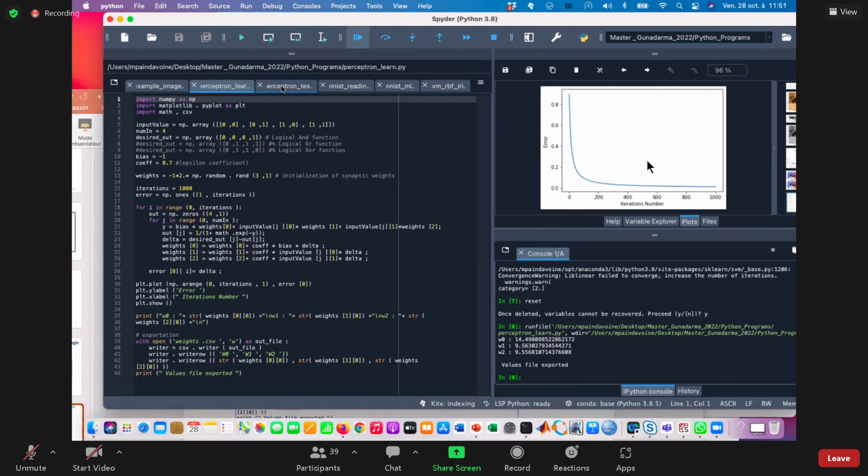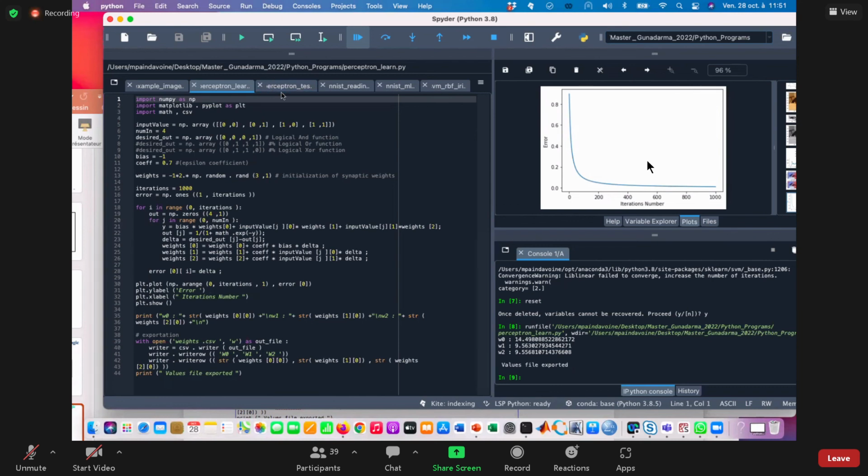So now I can test this one. Because at the end, all these coefficients are stored in a CSV file. So I have here the CSV file. In fact, it's the weight file, which is here in a CSV format.